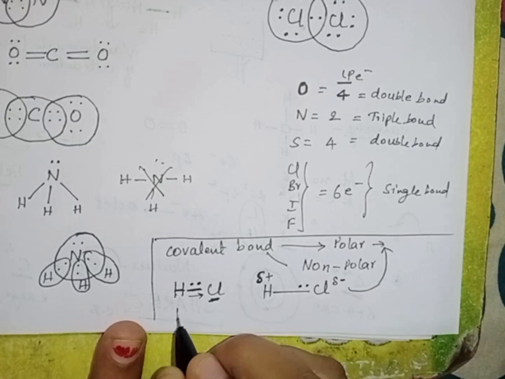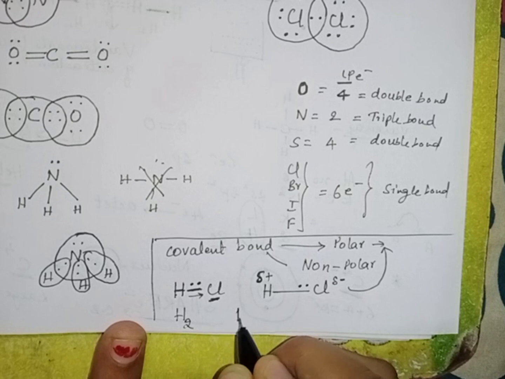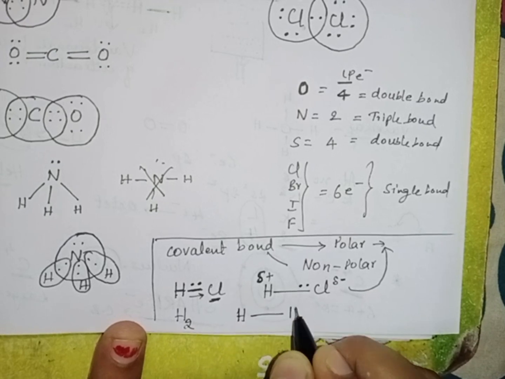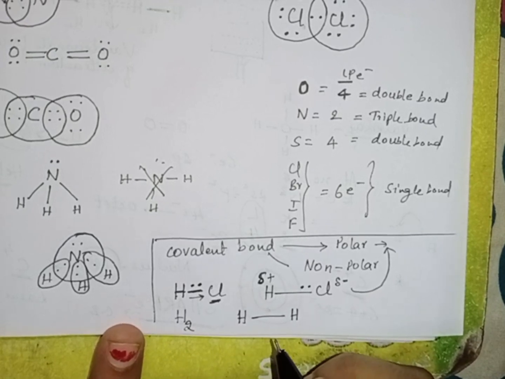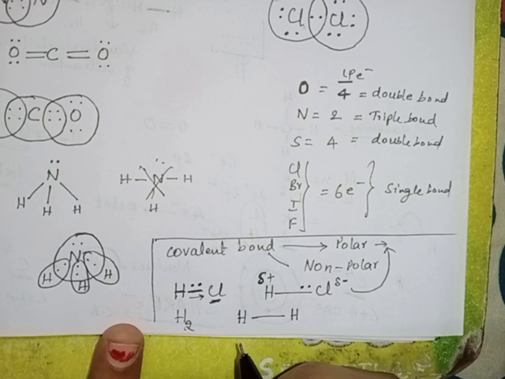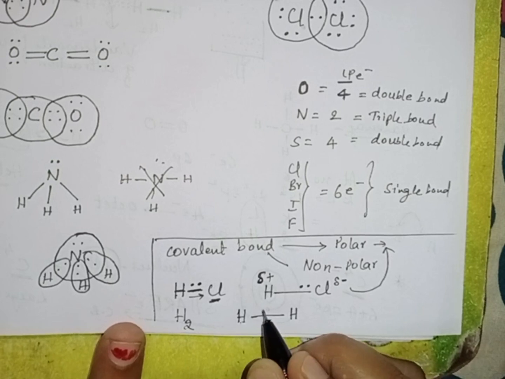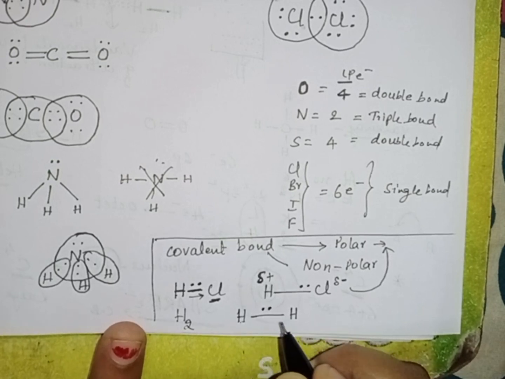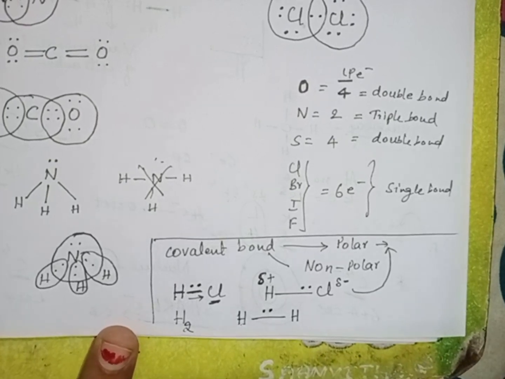For example, take the H2 molecule. Hydrogen is there, hydrogen is there. Who is more electronegative? How can you say this hydrogen is more? Both are the same. In that case, the shared pair of electrons will lie in the center.